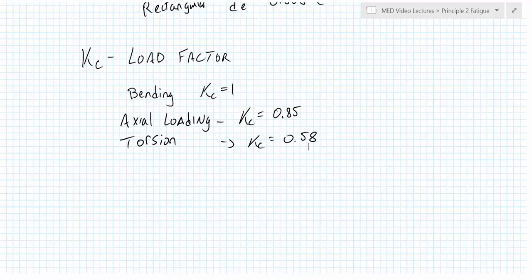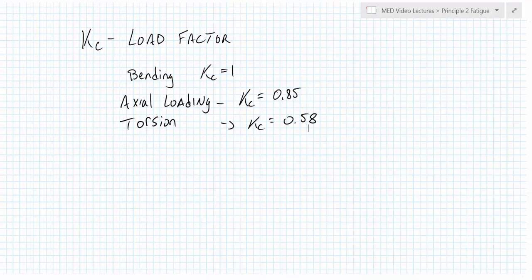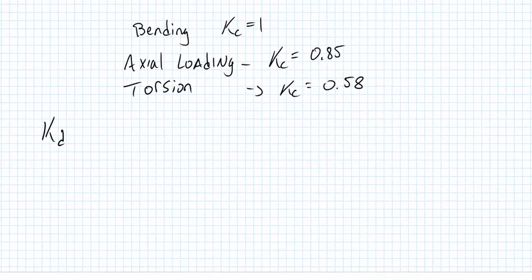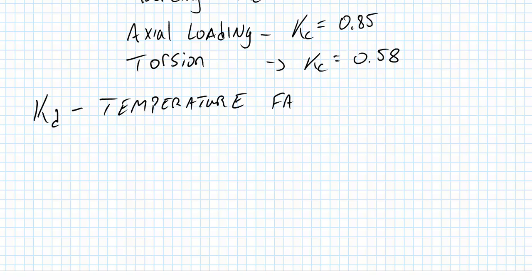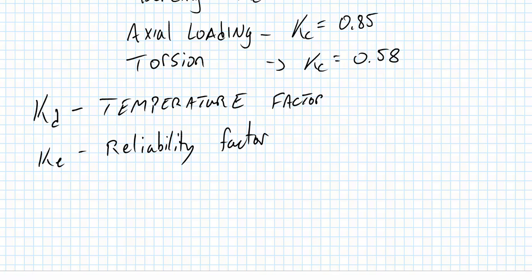Finally, the last couple of factors that we won't be looking at in as much detail are KD, which is a temperature factor, KE, which is a reliability factor, and this general KF, which is not to be confused with the KF that we'll use later.